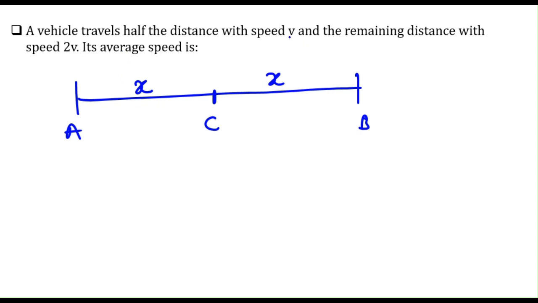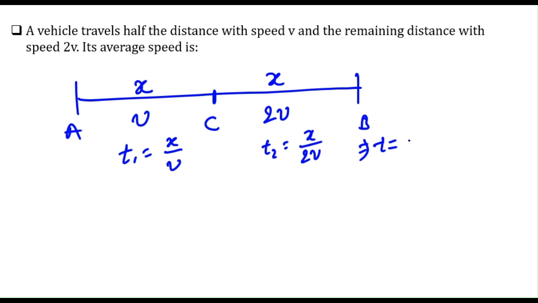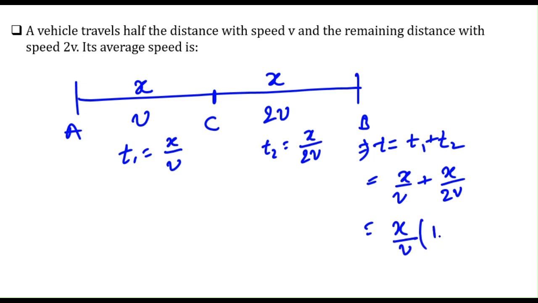So if the vehicle is traveling this distance with speed v, and this distance with speed 2v, so time taken will be, in first case, x by v, and in second case, x by 2v, and then total time will be t1 plus t2, which will be x by v plus x by 2v, and then we will have x by v common, 1 plus 1 by 2, which will be 3x by 2v.